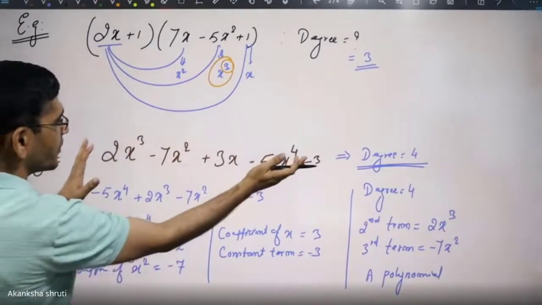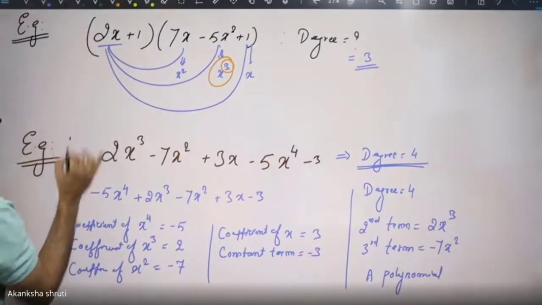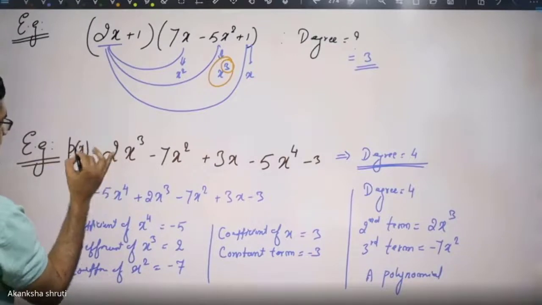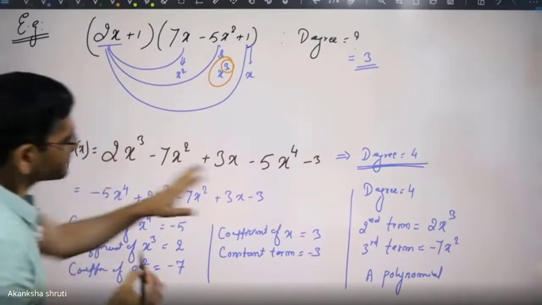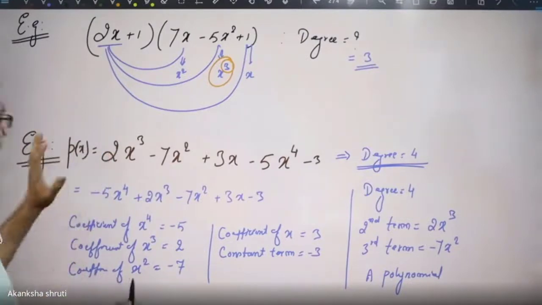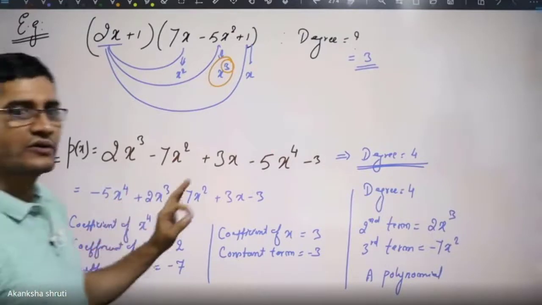Therefore, in the book, it may be given that a polynomial P(x) is given like this. So it is simply this expression which is denoted as P(x). It's that much only. We have to check whether it is a polynomial or not.